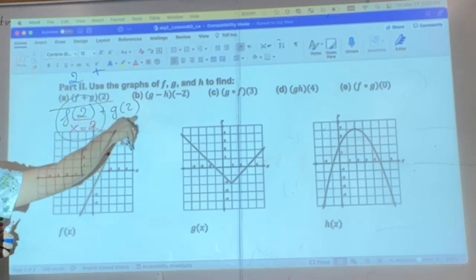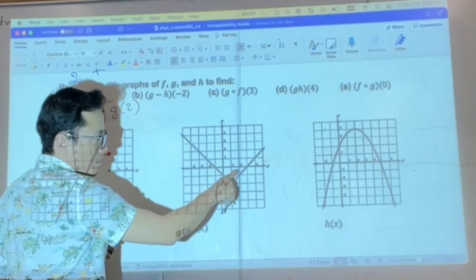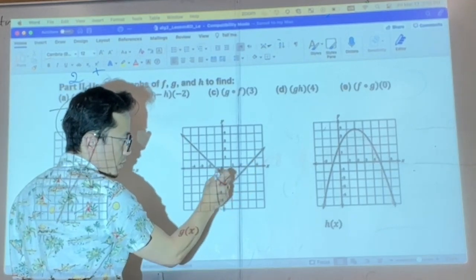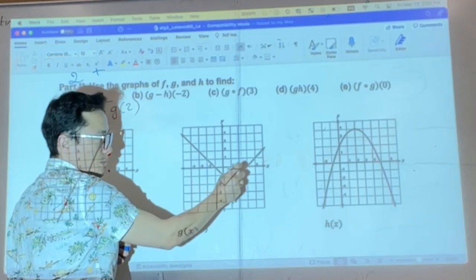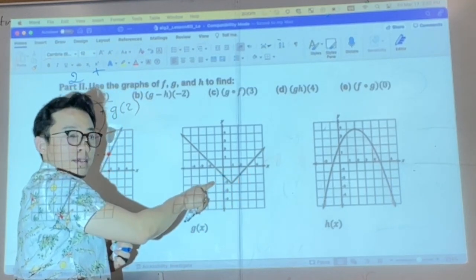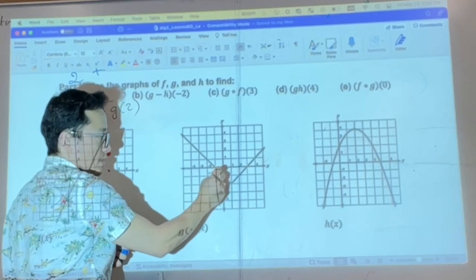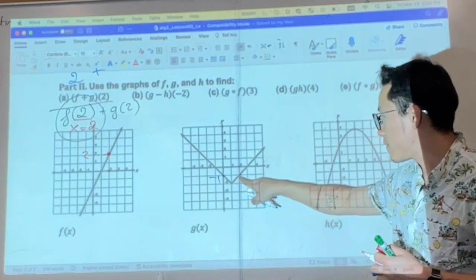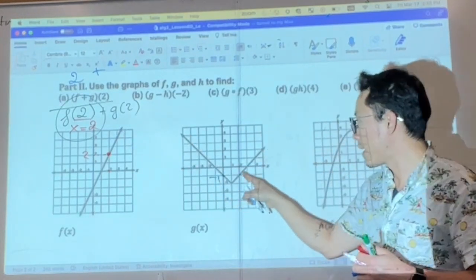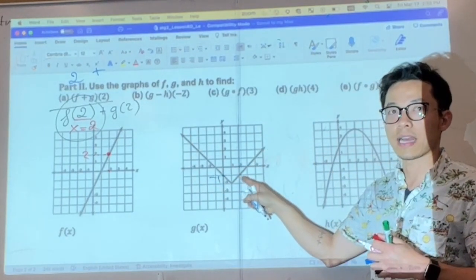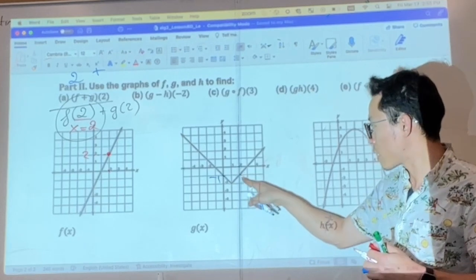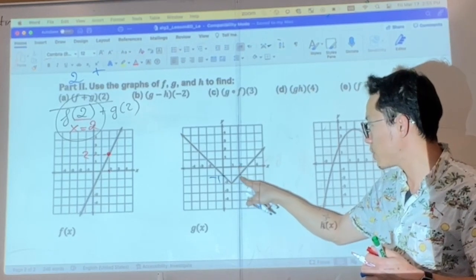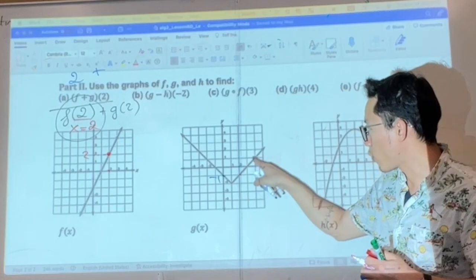And now plus, what is G of 2? So G, 2 is right here. Where is it then? -1. So you find x equal to that number, and you find what y is at that number. So x here is 2, and you see where the graph is at 2.